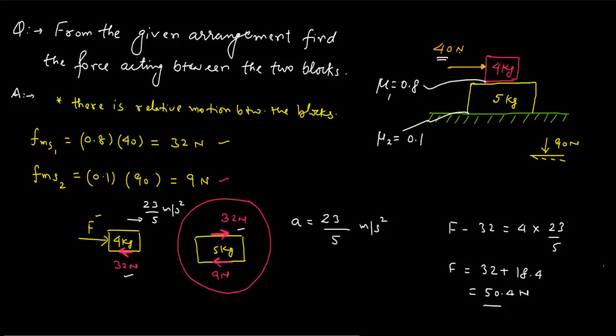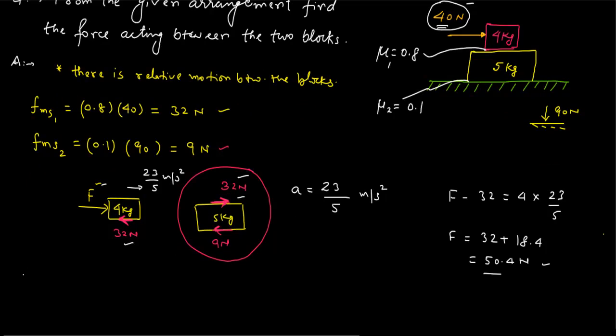This means that due to the application of this force of 40 Newton, the force between this 4 kilogram block and 5 kilogram block will never reach this value of 32 Newton, because in order to achieve this value of 32 Newton, we have to apply 50.4 Newton, and the given force is 40 Newton. This means that due to the application of this force of 40 Newton, these blocks will keep on moving together with a common acceleration, and they do not have any relative acceleration between them.